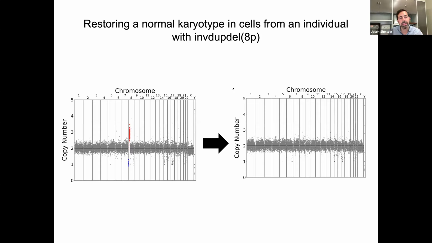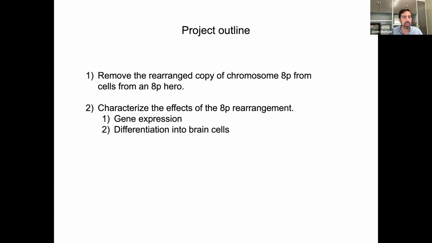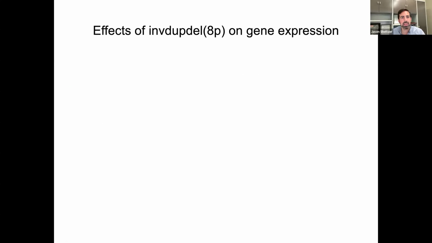So we set out to use these 2 cell populations to explore the consequences of chromosome 8p rearrangements. So I told you we were able to successfully remove the rearranged copy of chromosome 8p from cells that were provided by an 8p hero. And then we set out to use this pair of cells to characterize the effects of the 8p rearrangement on gene expression and on differentiation into brain cells.